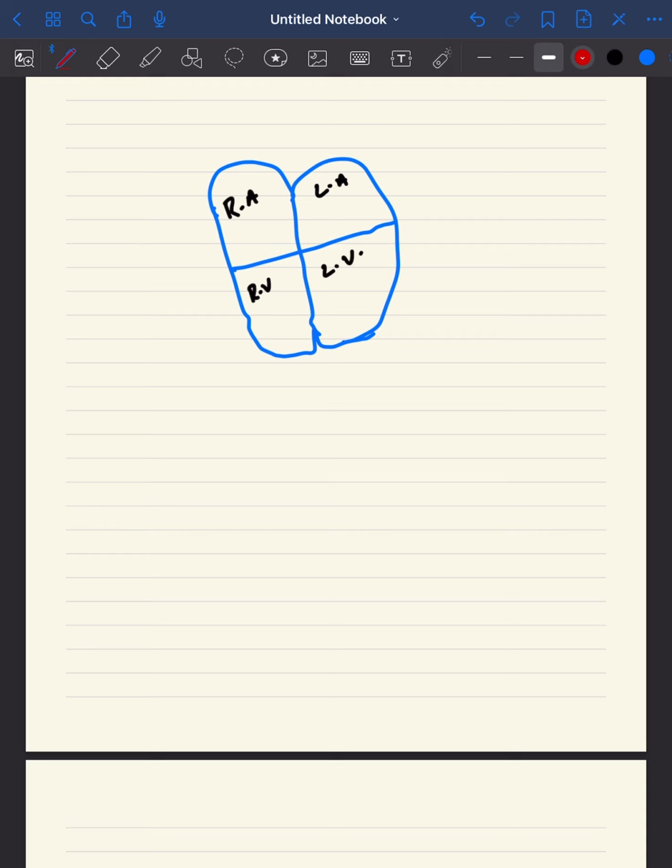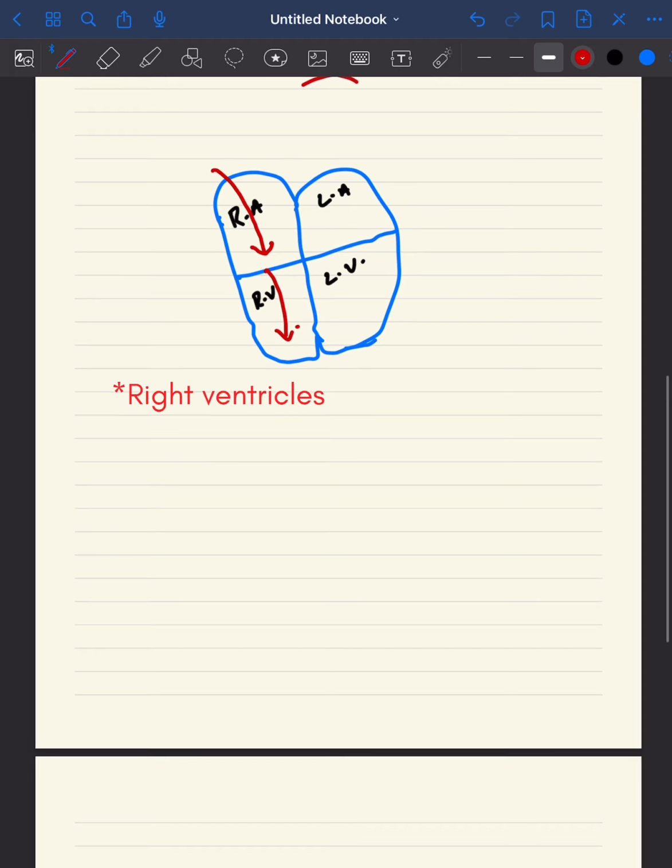When blood gets filled to the right atria and the right ventricle, during inspiration our thoracic cavity expands, right? So venous return increases, so more blood reaches the left ventricle.